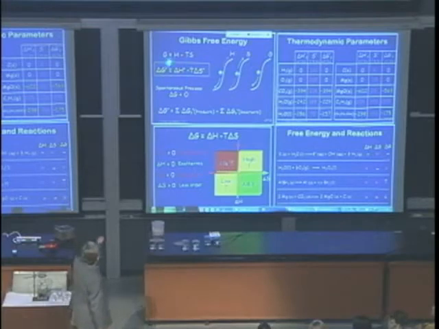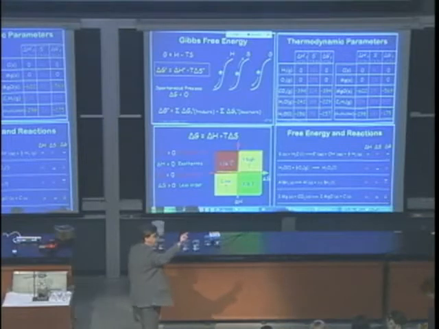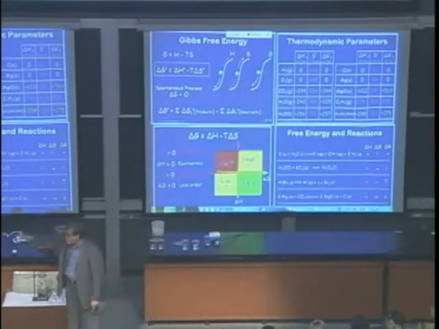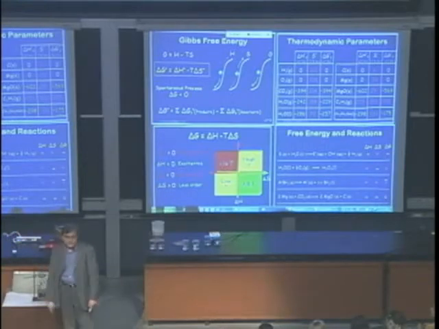And we know if this is smaller than zero, then we have a spontaneous reaction. The reaction goes in the direction that we have calculated, or have written the reaction.